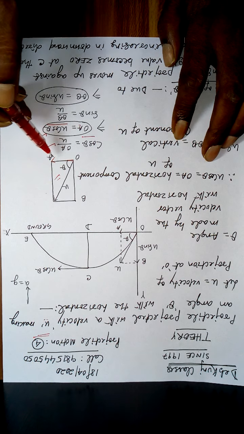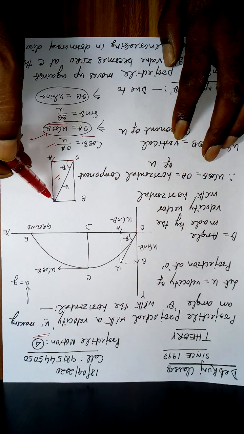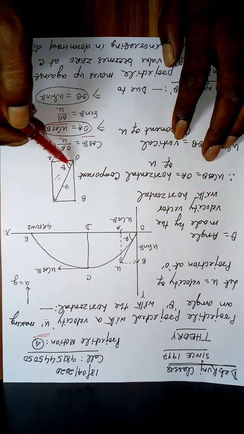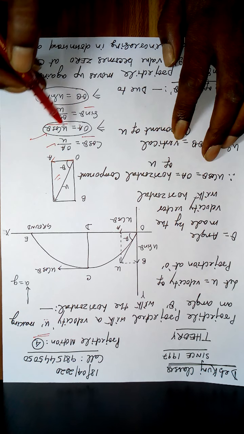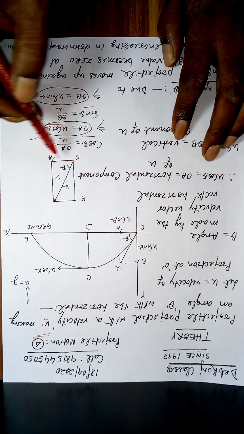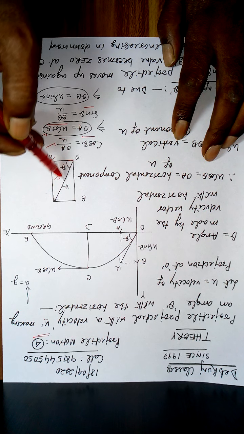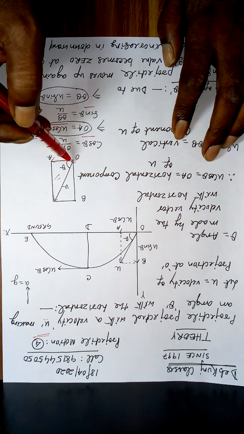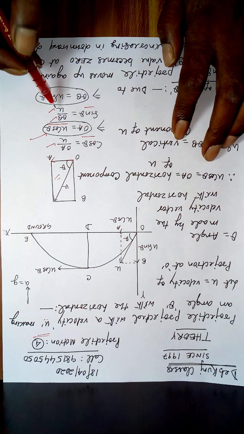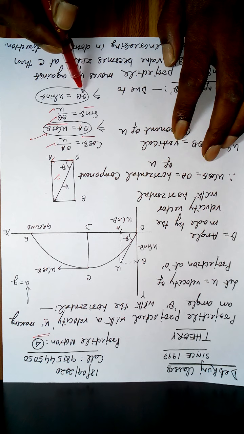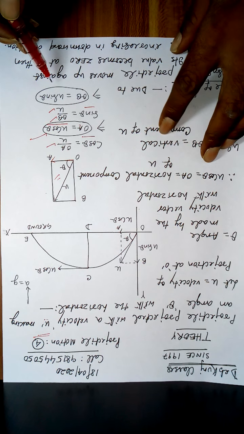And in the same triangle, take sine theta. Sine of this angle is perpendicular by hypotenuse. This perpendicular is the same thing as OB. So sine theta is OB over u, because the hypotenuse represents the velocity u. Now cross multiplying, we get OB is equal to u sine theta.